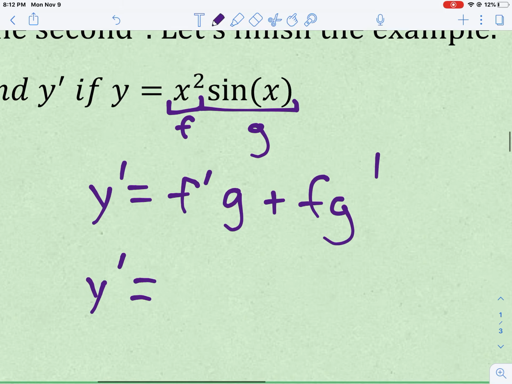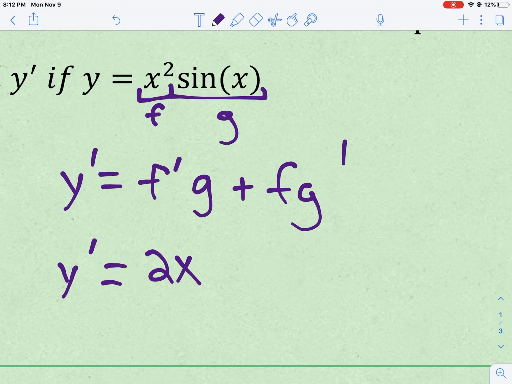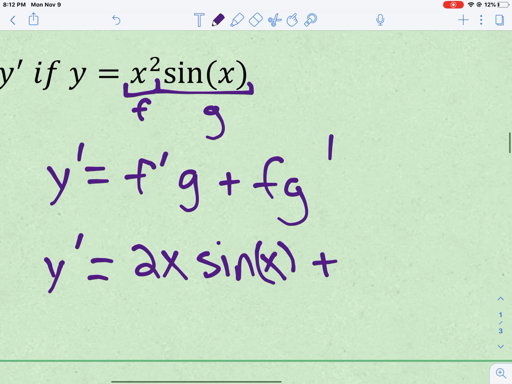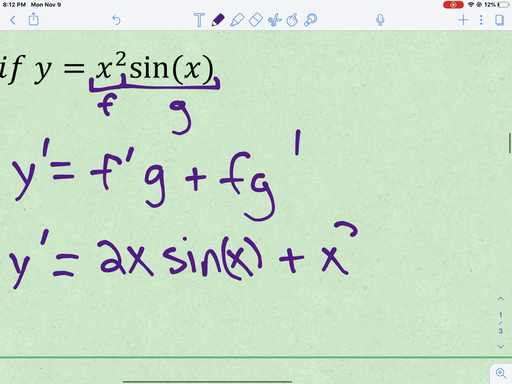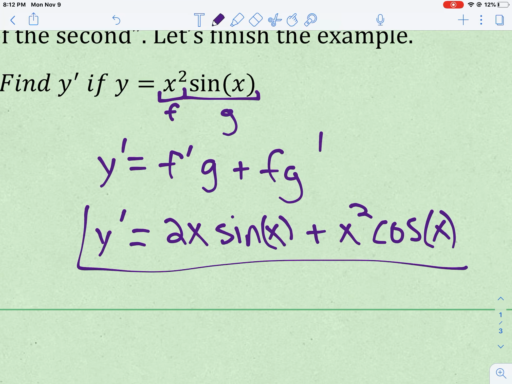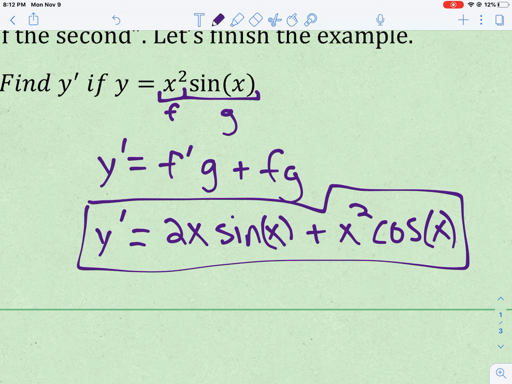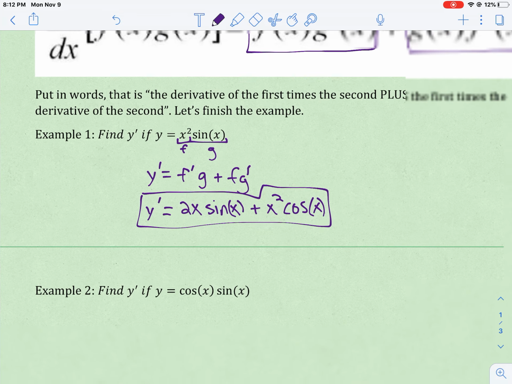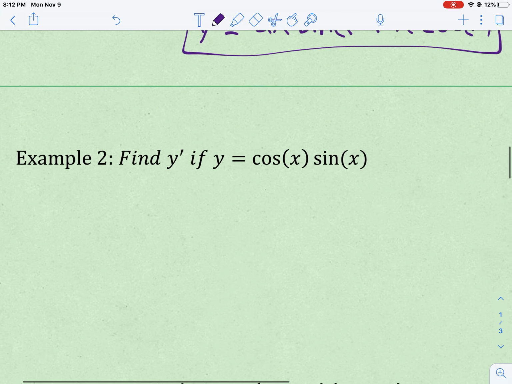So that gives me the derivative of the first one, which is 2x, times g, sine of x, plus f, which is x squared, times g prime, which would be the cosine of x. Okay? All right, that's it. F prime g plus fg prime. There you go.